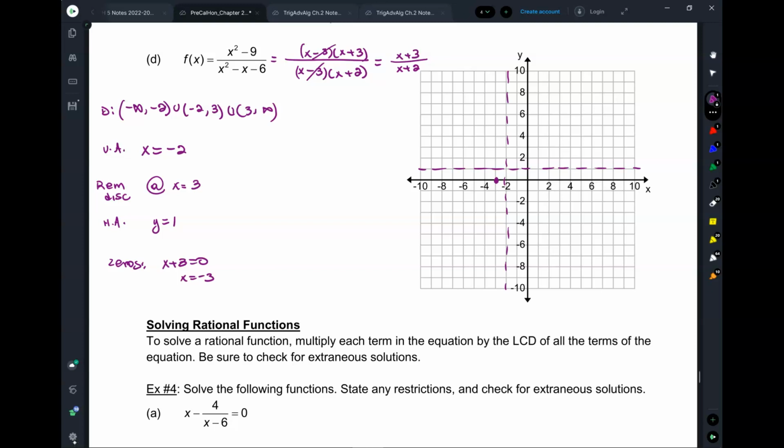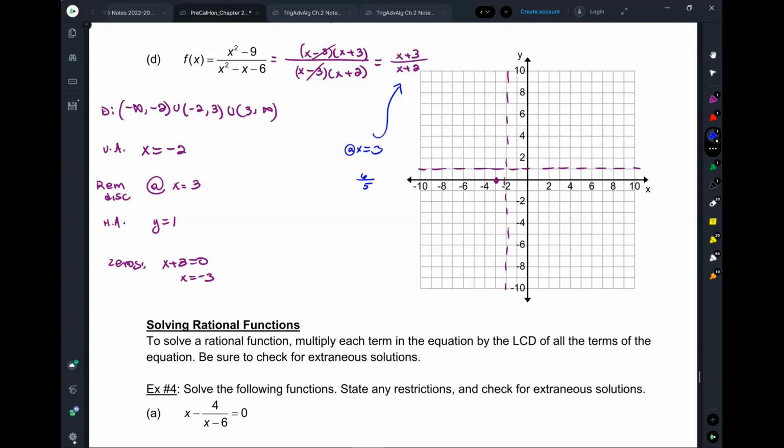Okay, but how are we going to find it? At x equals 3, if you plug it in there, what do you get? 6 over 5. Okay, but it's illegal to plug in 3 into this function because technically it's undefined there. So you can't have any evidence of it. Does that make sense?